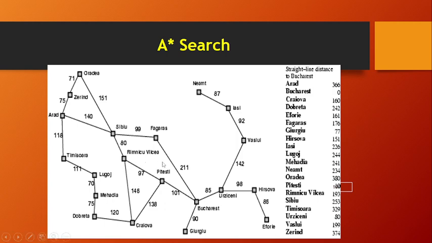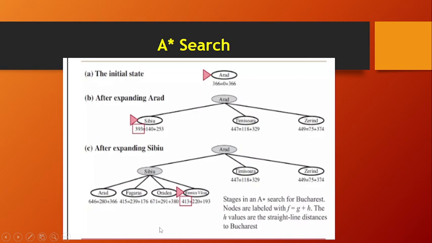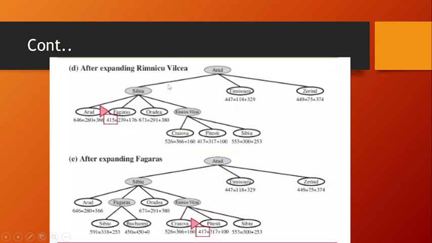After Rimnicu Vilcea, its neighboring cities are Pitesti as well as Craiova. So we expand this one further. After expanding Rimnicu Vilcea, we have Arad, Fagaras and Oradea; Rimnicu Vilcea is already over. Fagaras is not required for us. We need Rimnicu Vilcea, so consider the city Pitesti. Let us check where exactly it is.